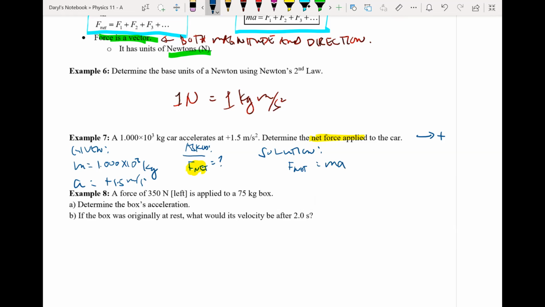Well, you just have to substitute your mass, 1.00 times 10 to the power of 3 multiplied by 1.5. So this would give you an answer of 1.5 times 10 to the power of 3 newtons to the right.